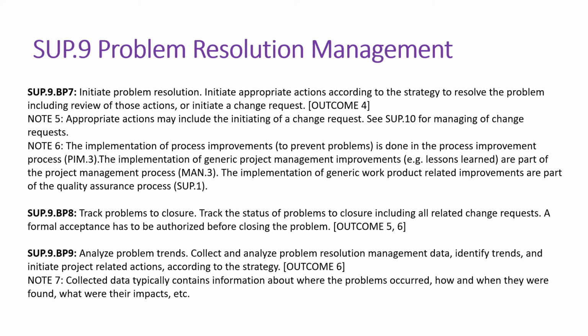So your BP9 talks about analyze problem trends: collect and analyze problem resolution management data, identify trends and initiate problem related actions according to the strategy. Once a problem has occurred, in which category does it fall, and the majority of the problems fall into which category.